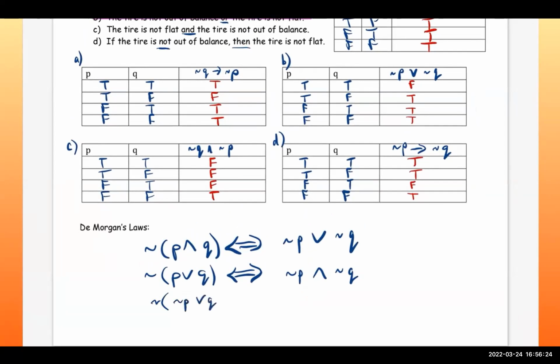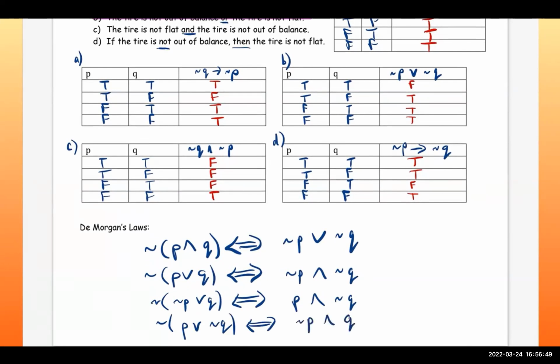De Morgan's law says that the negation of not P is P, the negation of or is and, the negation of Q is not Q. All right, and then the final one, let's do one more. Let's do the negation of P or not Q. That's logically equivalent to not P and Q.